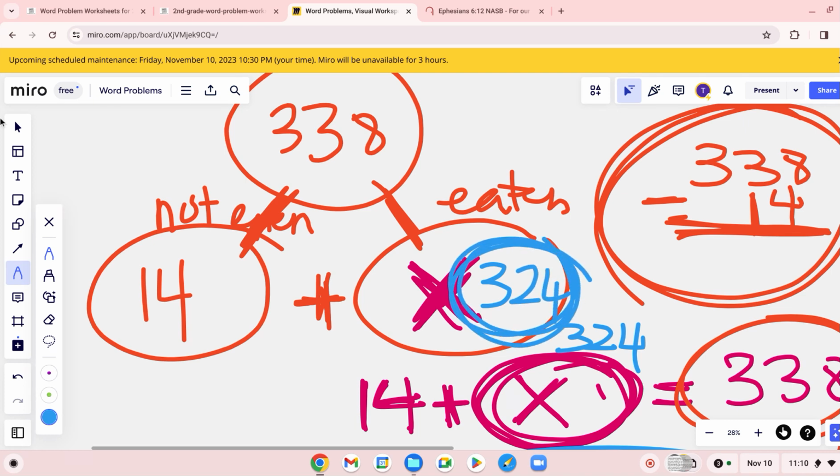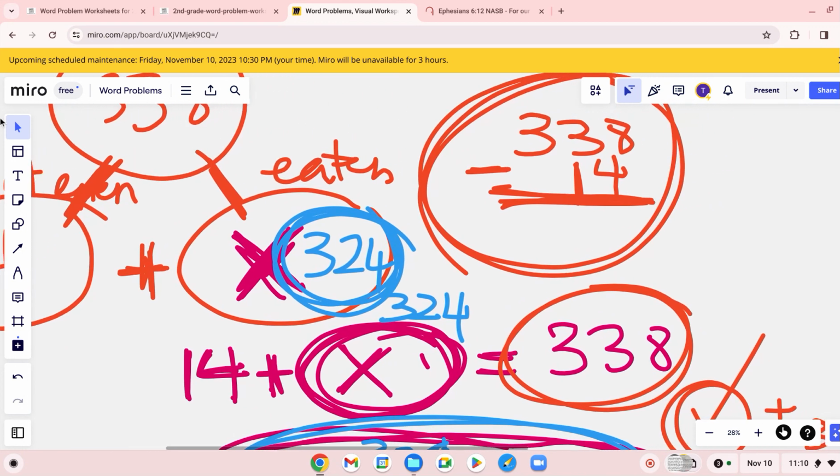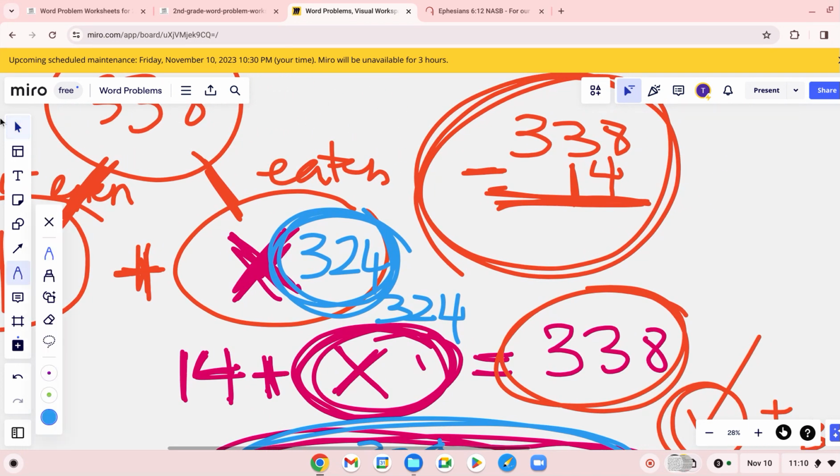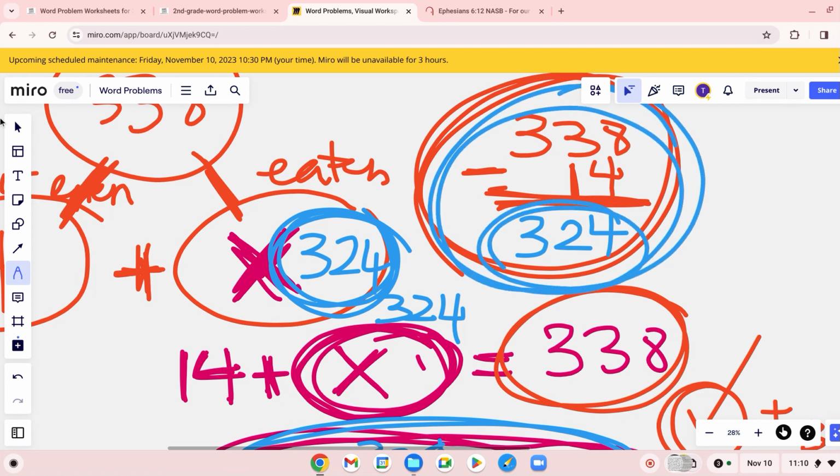So now we can also check it by doing the subtraction problem. 8 minus 4 equals 4. And 3 minus 1 equals 2. 3 minus 0 equals 3. You understand? So if we subtract it, it will give us the same answer as if we did mental math using addition.